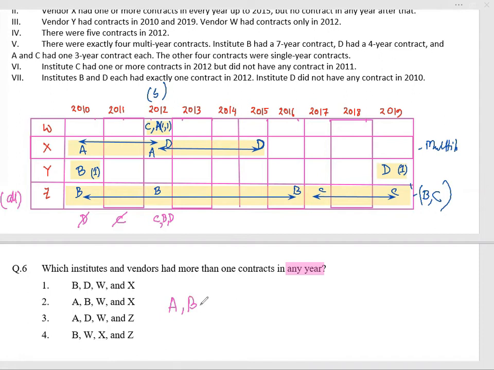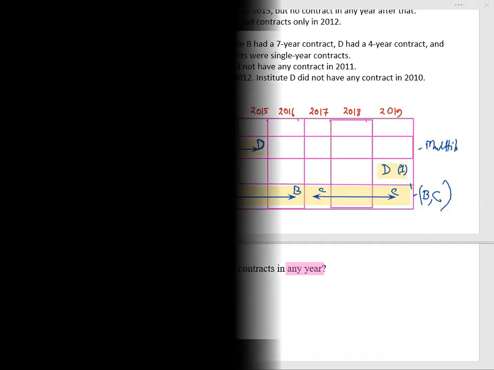Now W has more than one contract in any year, because this is 2012. X has more than one contract. So that is ABWX. That means option 2 would be the answer for this case. We can see these 5 contracts in 2012, and understanding the overlap will be the key for these particular questions.